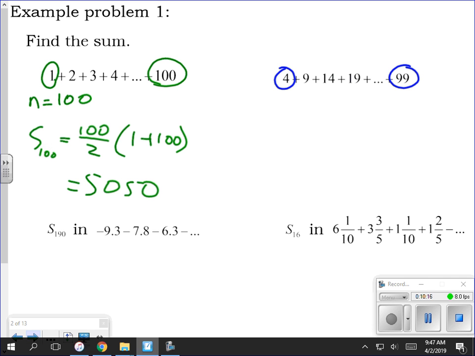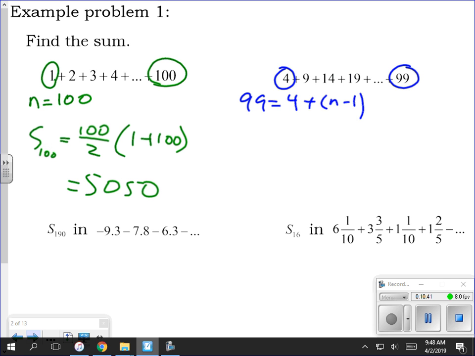Plug in the last term, plug in the first term, plug in the difference, solve for how many. So this is 99 equals the first term 4 plus n minus 1 times d. What's our d? How do I get from one number to the next?